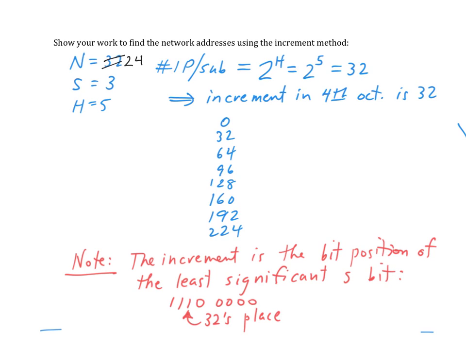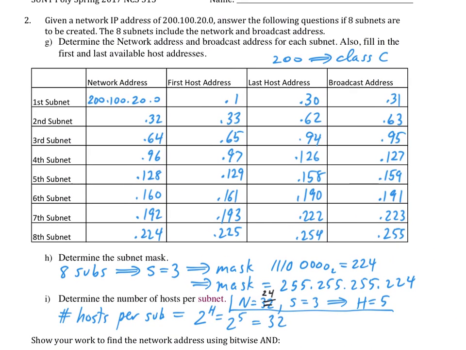This increment is also the bit position of the least significant S bit. We've got 3 S bits in that subnet mask, and this one is in the 32's place, and that's the same as our increment, and therefore our subnet IDs are counting by 32: 0, 32, 64, 96, 128, 160, 192, and 224.